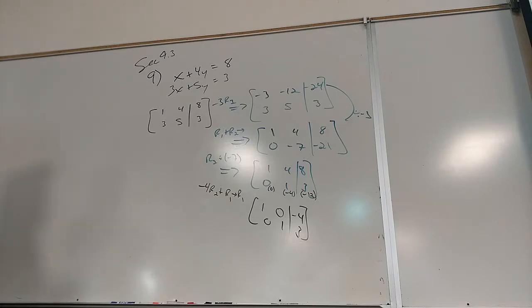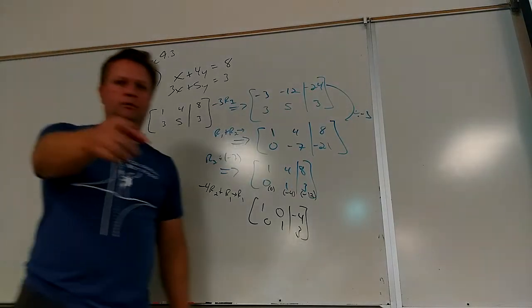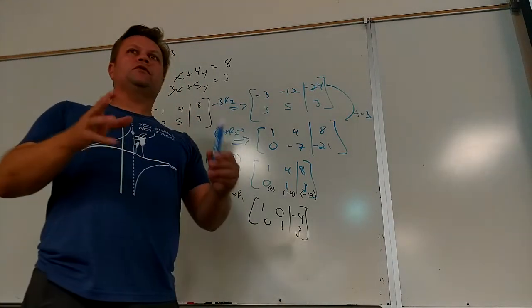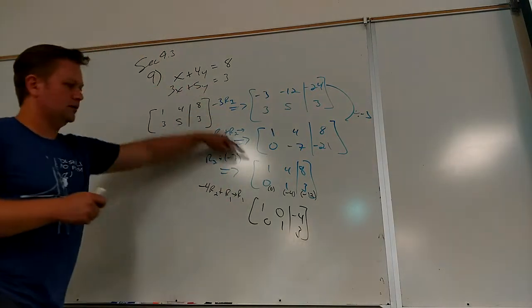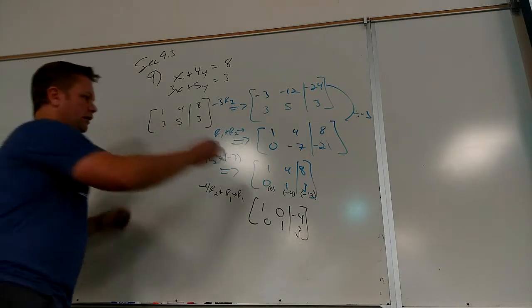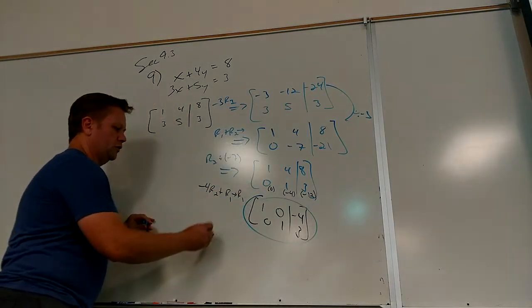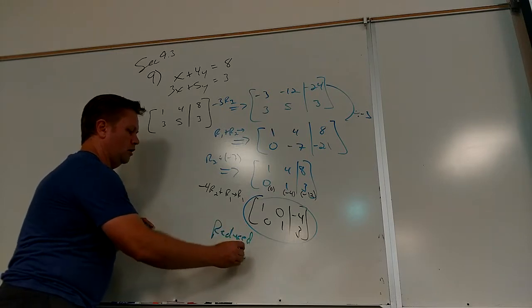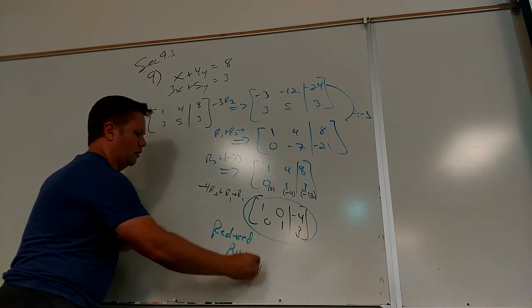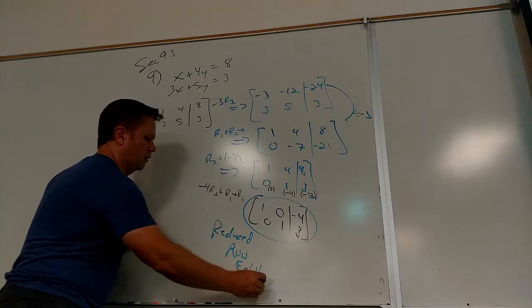Now, I haven't used the full terminology for what it is we do. This process leads you to what's called reduced Row-Echelon form.